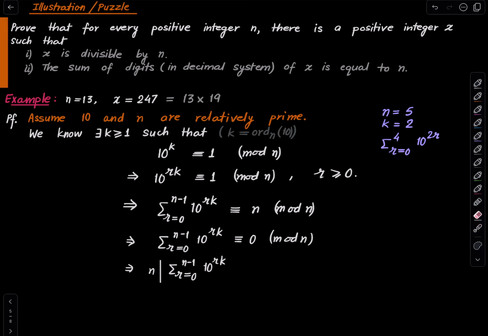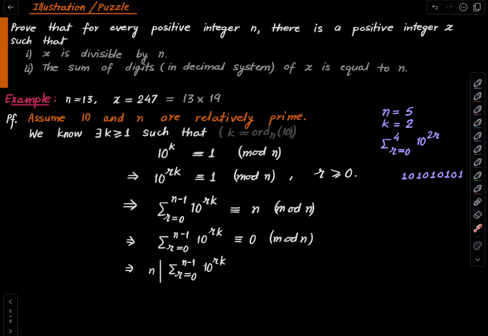What you get is 1, then a 0, 1, then a 0, 1, then a 0, 1, then a 0, 1. This is 10 to the power 0, corresponding to r equal to 0. Then you're adding 10 to the power 2, which is 100. Then you're adding 10,000, which is 10 to the power 4. Then 10 to the power 6, and then 10 to the power 8. That's what you have here.